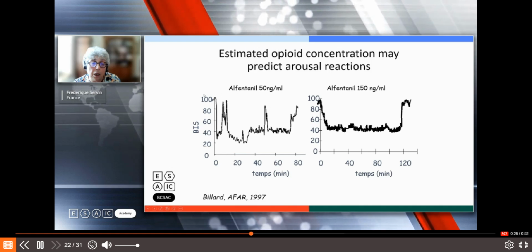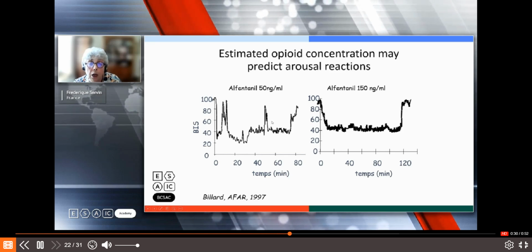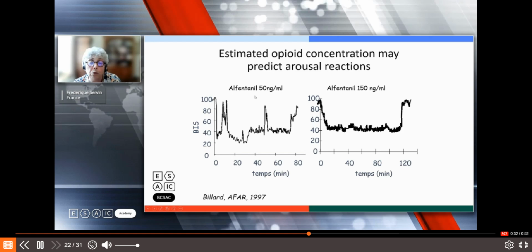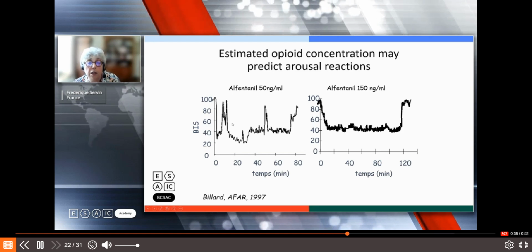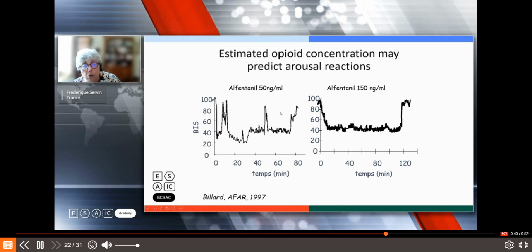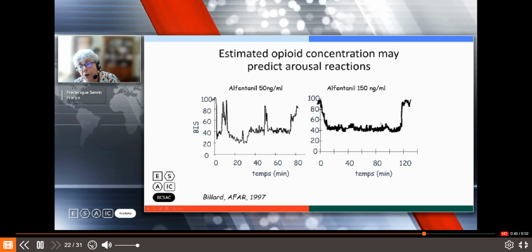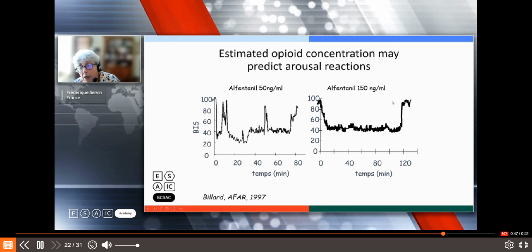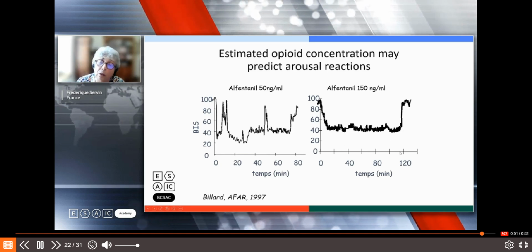And here there are young women having breast surgery and lymph node removal, and you see that intubation, first skin incision, second skin incision, cause arousal reactions with rather low concentration of alfentanil. If you increase the alfentanil concentration, you don't have arousal reactions anymore.